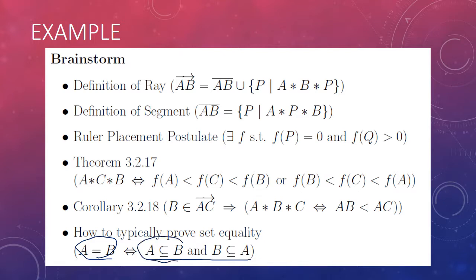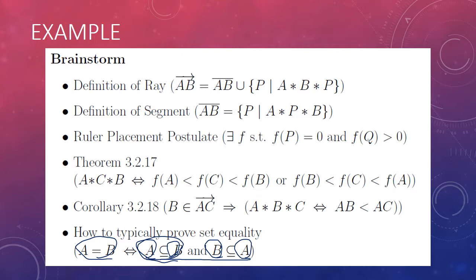This first one is that A is a subset of B. And it says that every element of A is also an element of B. Now that might mean that B has more elements, but certainly everything that's in A is contained in B. The other way around is the same thing. It says that every element of B is in A. Well, if both of these conditions are true, that all the elements of A are in B and all the elements of B are in A, then clearly they have to be exactly the same set.